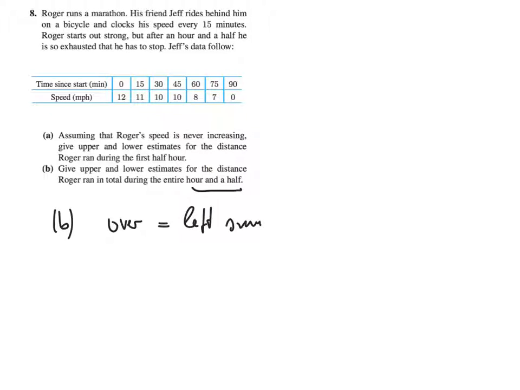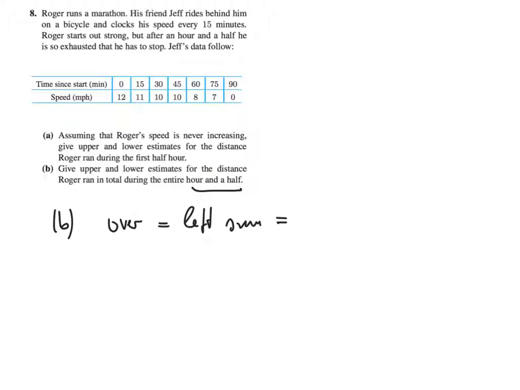That's why it's an overestimate. If his speed were increasing, the left sum would be an underestimate, like we had in problem number 7. If you recall, there we had an increasing function, and the left sum was an underestimate. So you should go back and compare.